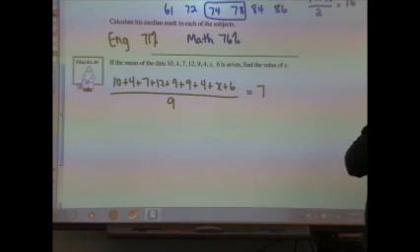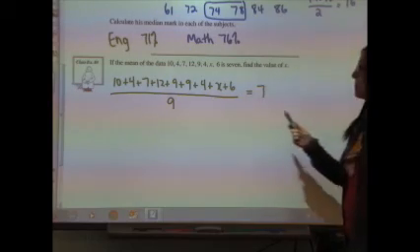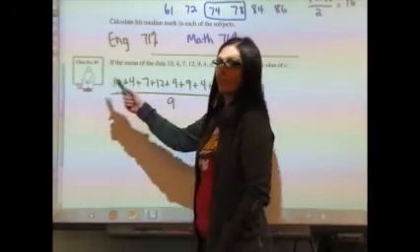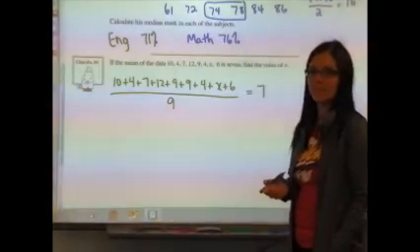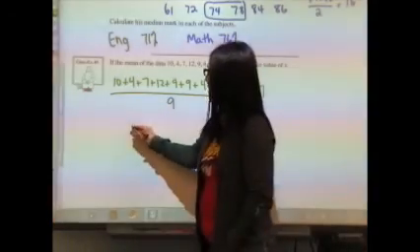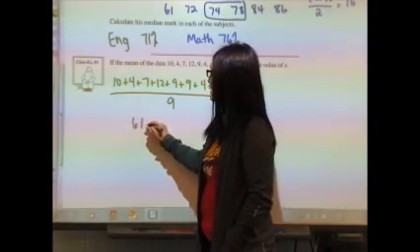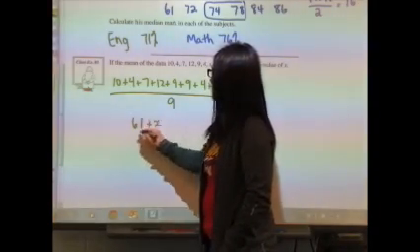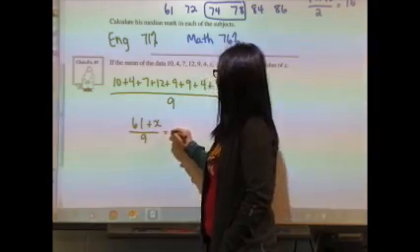Just add the numbers along the top. 61. So I have 61 plus x divided by 9 equals 7.